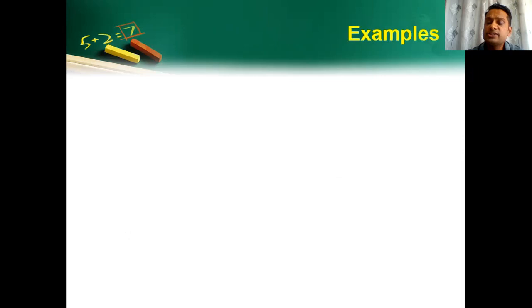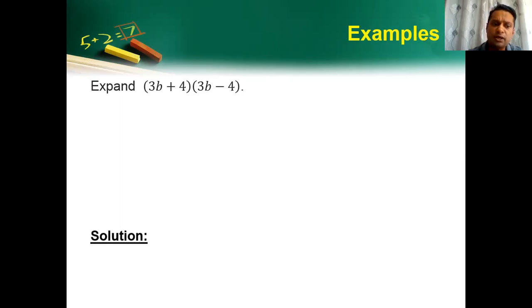Let us now see some examples. If you have to expand 3b plus 4 times 3b minus 4, now we're going to do it directly using the identity a plus b times a minus b is equal to a squared minus b squared. Therefore, the solution: 3b plus 4 times 3b minus 4.